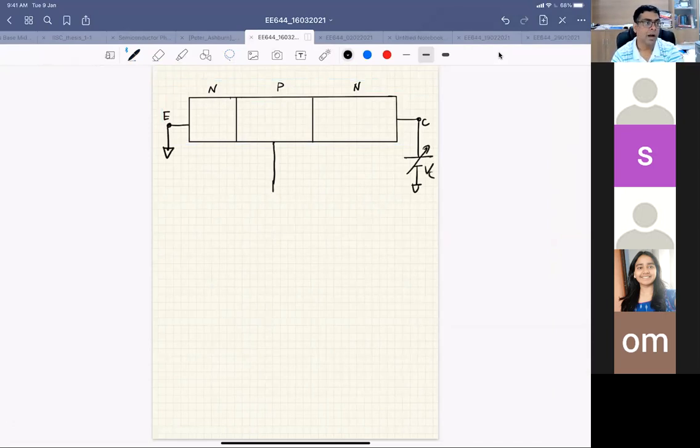BVCBO is defined when the emitter is open. In the lab, you will keep the emitter open, put the base to ground, then give some VC. At some point it will break. So this is BVCBO, that is when the emitter is open.